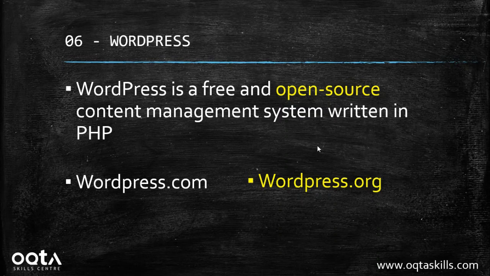So the next thing we are going to be looking at is WordPress. WordPress is just an open source content management system which was written in PHP. It is open source because it allows for community participation, or it's open for anyone to add or take something from it.